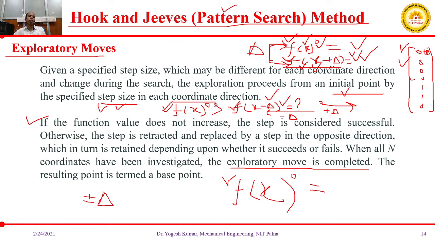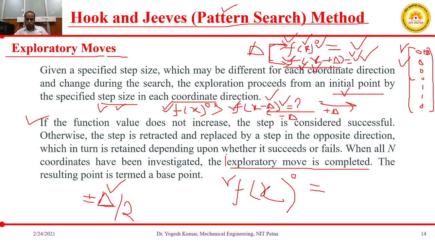So in that case, what we will do is simply reduce the step size by a factor of 2, delta by 2, and we will again do the same process of exploratory move in order to get your exploratory move completed.